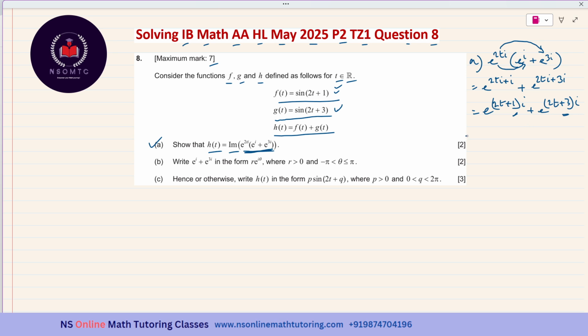So this will be equal to cos 2t plus 1 plus I sine 2t plus 1 plus cos 2t plus 3 plus I sine 2t plus 3.